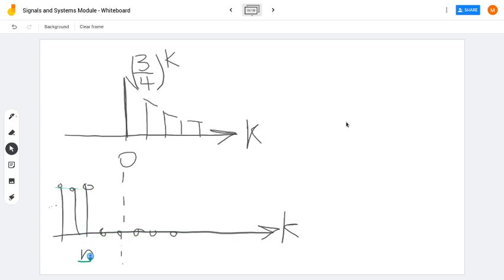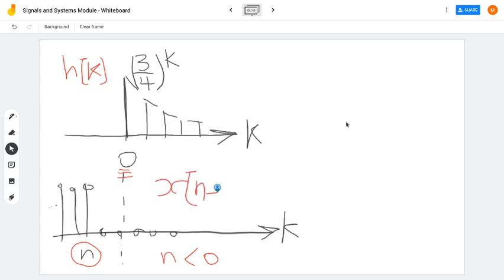Now n is a variable, and in this case over here we have n is less than 0. As we can see, this is the origin 0, and n here is less than 0. So if you multiply h of k and x of n minus k, you will get actually 0.